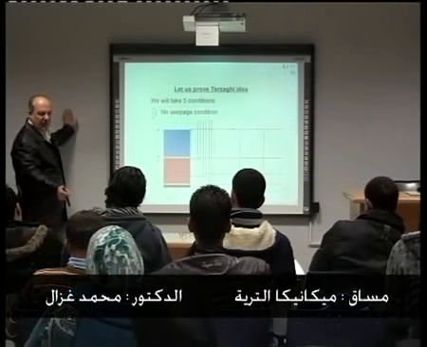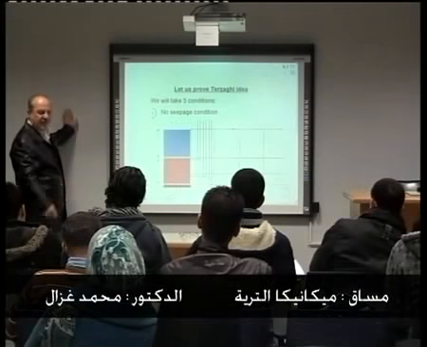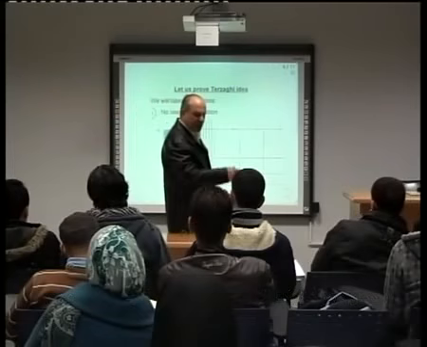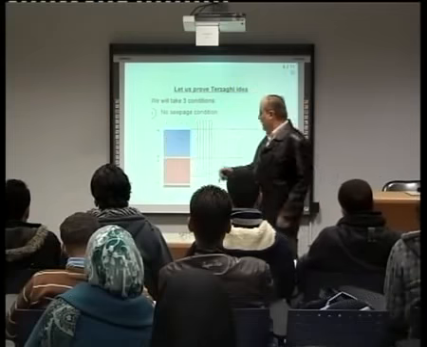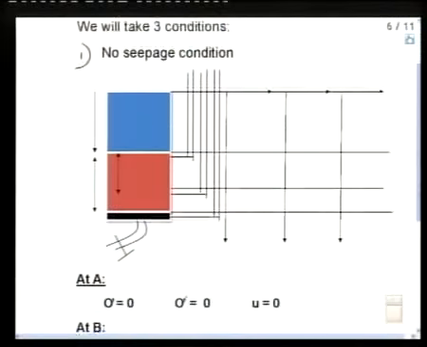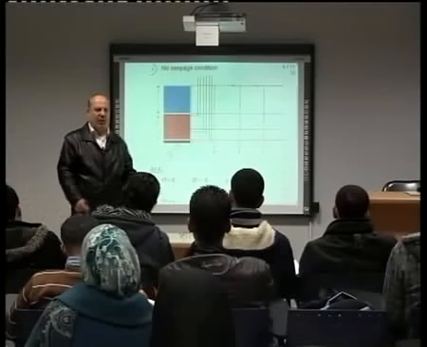Seepage. You didn't take this in fluid? Seepage, water flow. No seepage, then we have a constant here. Leakage is something you don't like. It happens due to a problem: there is a hole in the pipe, or a problem in the joints.